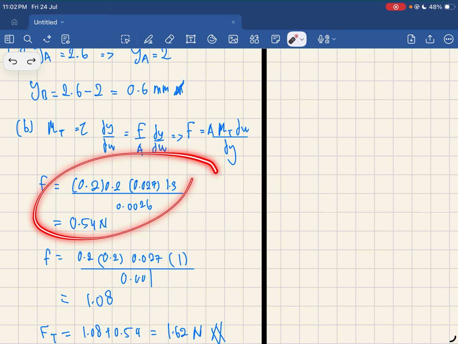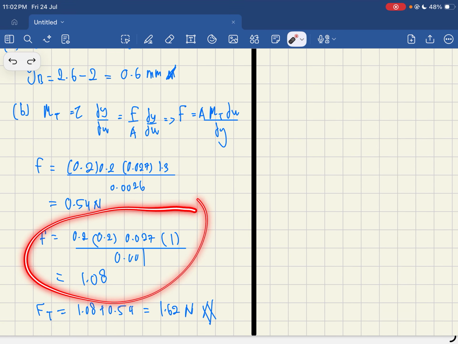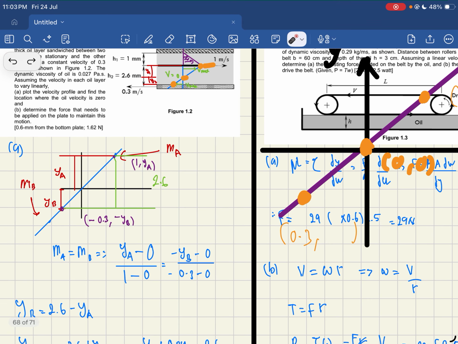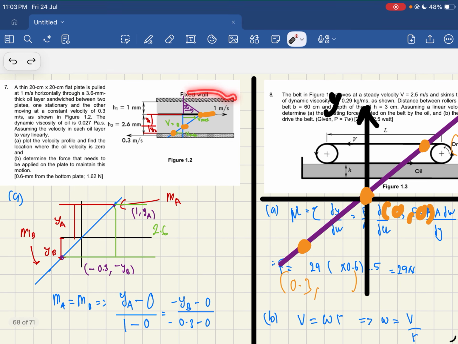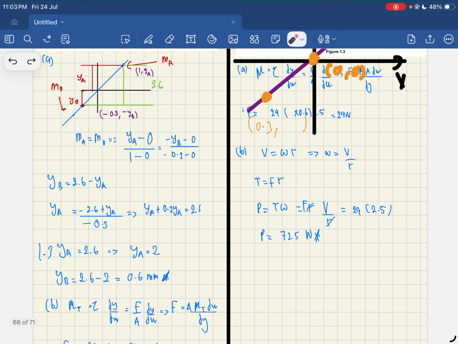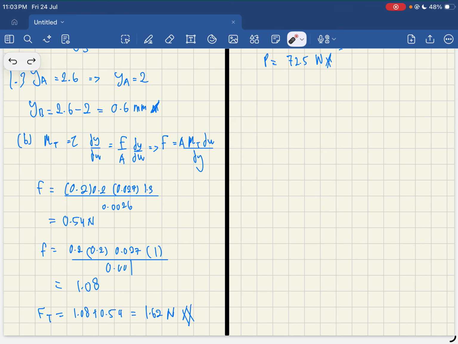Oh, and that is for the lower side, and this is for the upper side: 0.2 times 0.2, 0.7 in dynamic viscosity, and 1 is the velocity, the maximum velocity at the upper region. Thus you will get the shearing force at the upper region, 1.08.